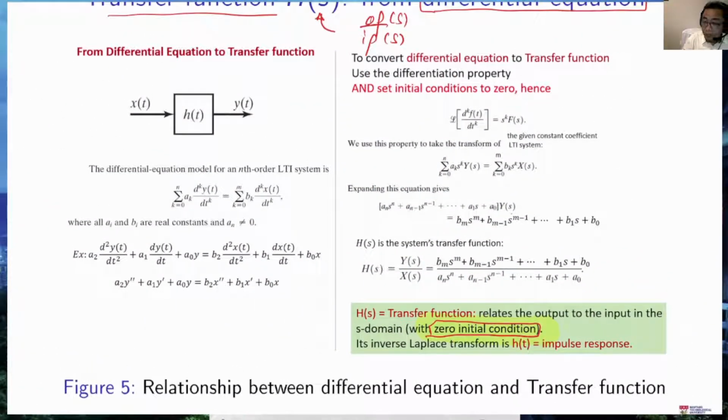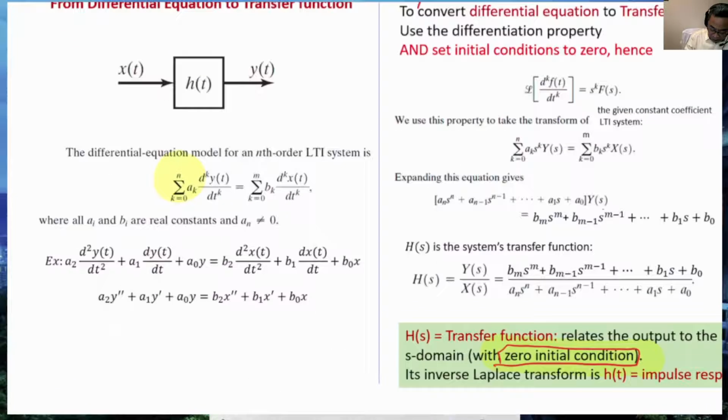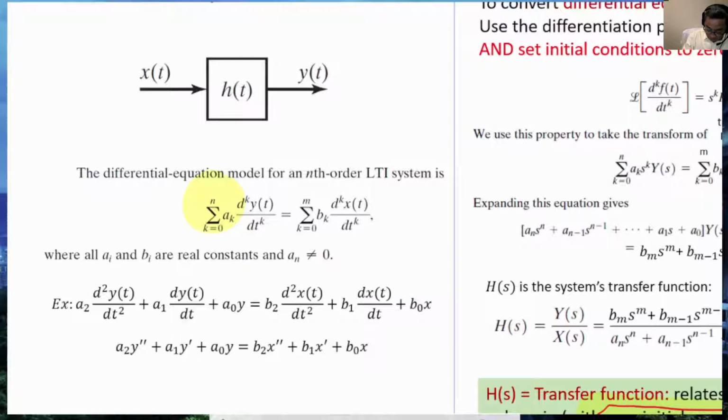Let's assume we have an n-order differential equation, d^n y/dt^n plus d^(n-1) y/dt^(n-1), and so on until dy/dt, is equal to, and on the right hand side x is the input.